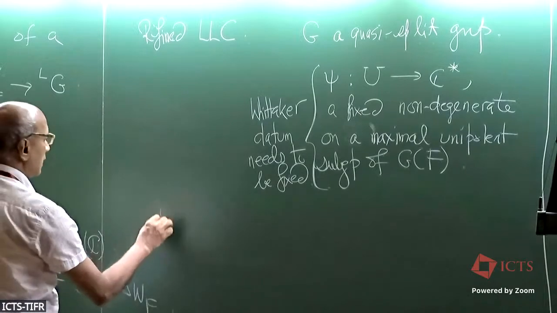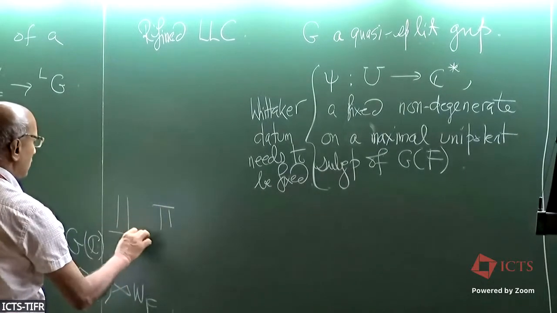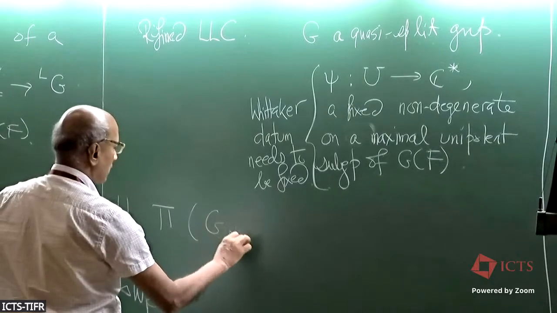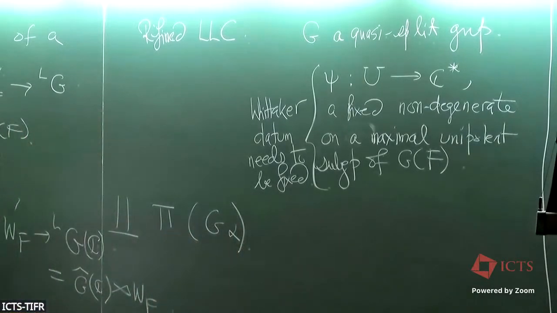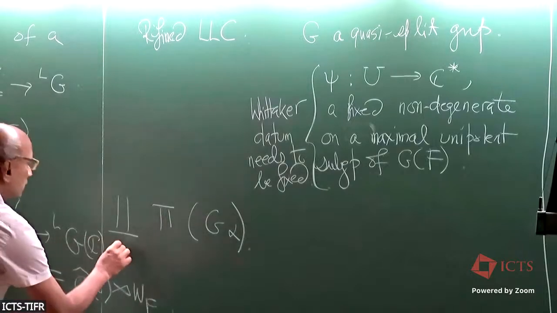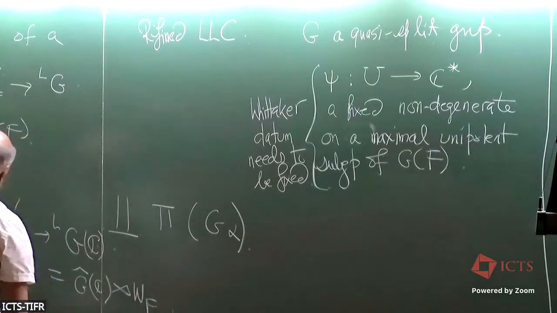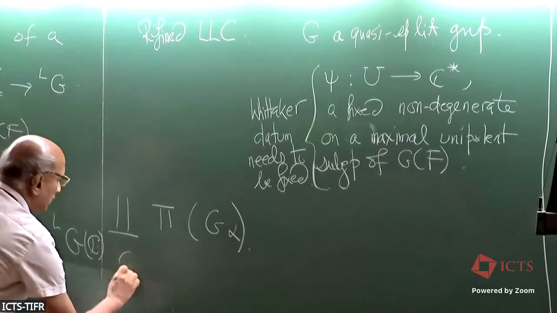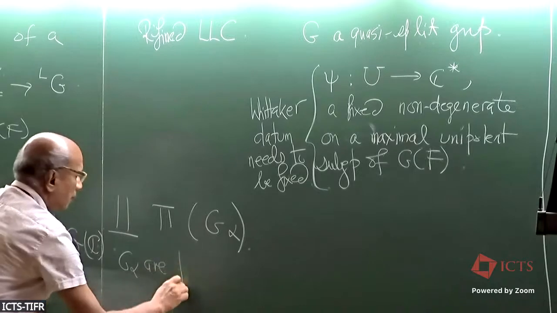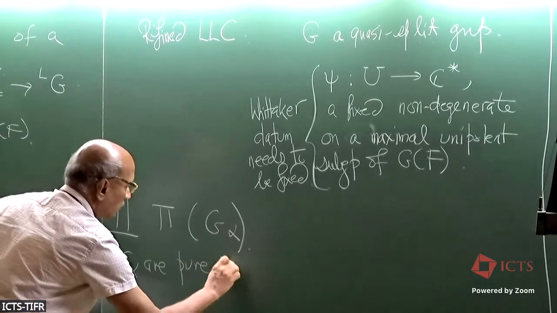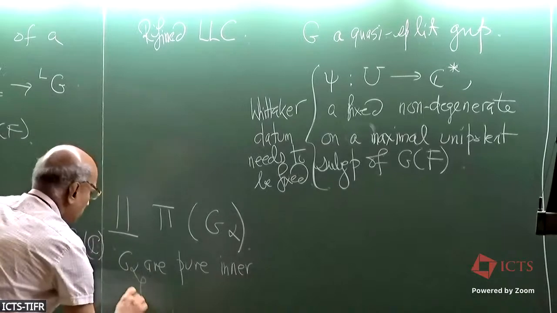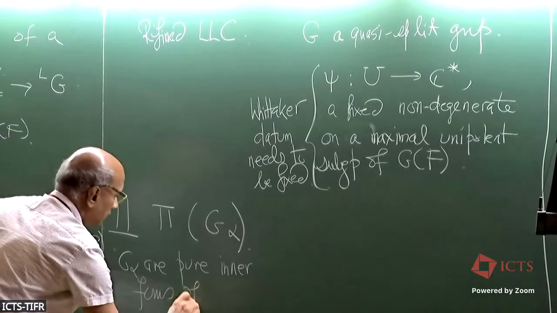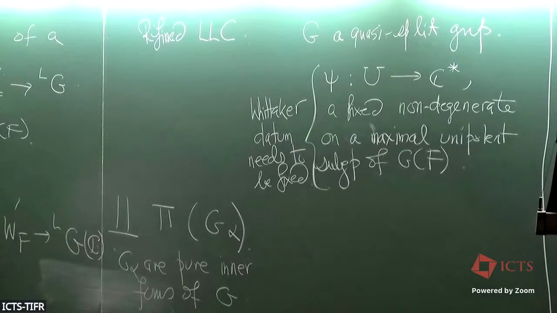I already said last time that one looks at the disjoint union of Pi G alpha. So here G alpha are pure inner forms of G, which I will not define here, but I will give examples relevant to what we will need.